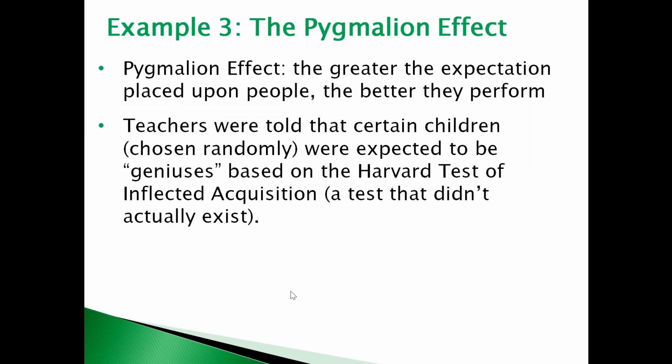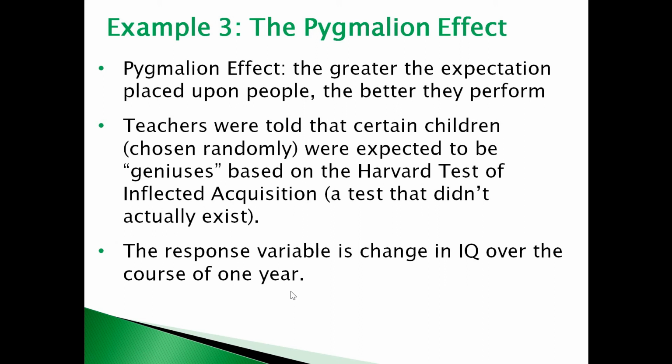So let's see an example. Example 3. The Pygmalion effect states that the greater the expectation placed upon people, the better they perform. Teachers were told that certain children were expected to be geniuses based on the Harvard Test of Inflected Acquisition, a test that did not actually exist. The response variable is the change in IQ over the course of 1 year.